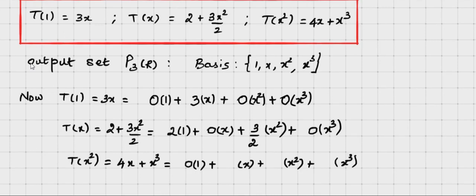Here the coefficient of x is 4. I am just putting it as it is. Then there is no x square term, and the x cube term has coefficient 1. So this is how we are writing the coefficients. I am sorry, it is T of 1, T of x and T of x square as linear combinations of the basis of the output set. The next step, we can construct the matrix straight away.